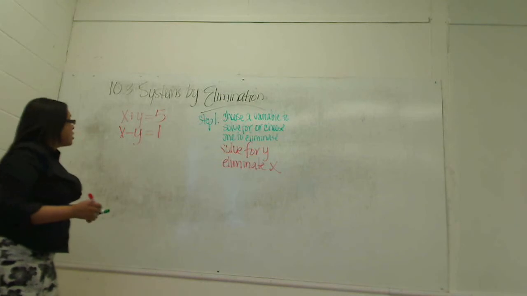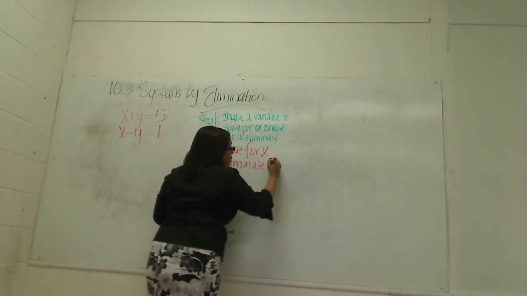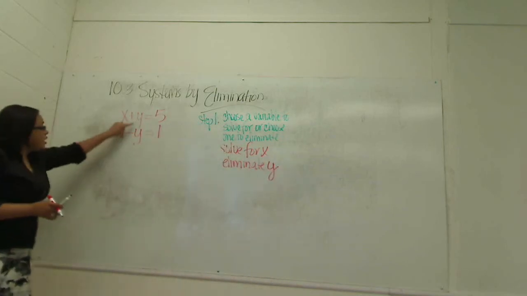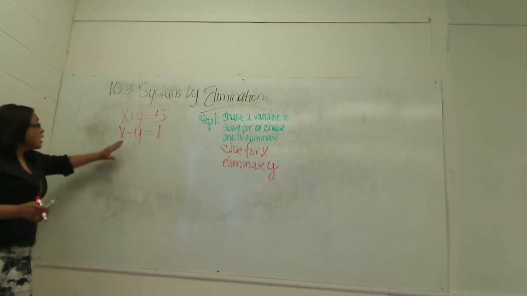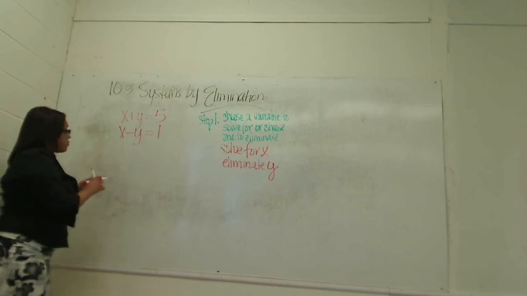I'm sorry, I wrote it the wrong way. I'm solving for x, and I'm going to eliminate y. y is ready to be eliminated. Same thing, exactly the same, different signs, perfect. This is the opportune time to use the elimination method.